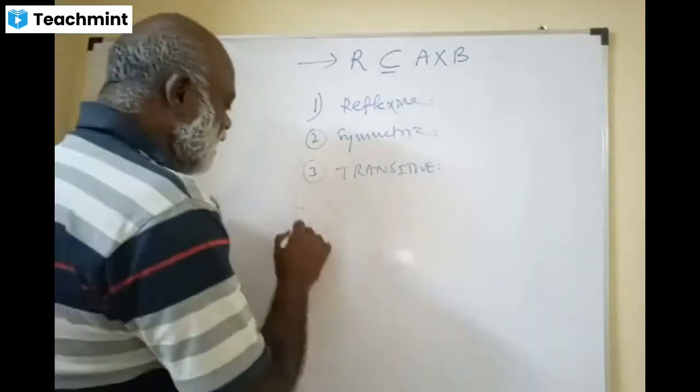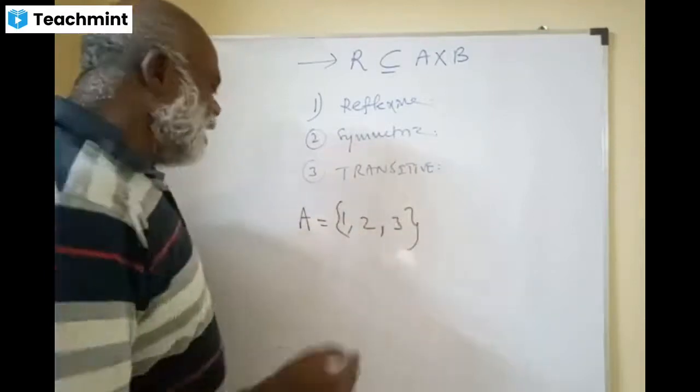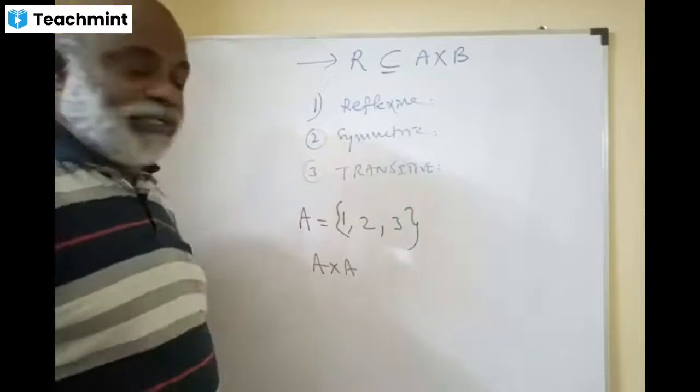Friends, if I take A equal to 1, 2, 3, and A cross A, let us take just one set.